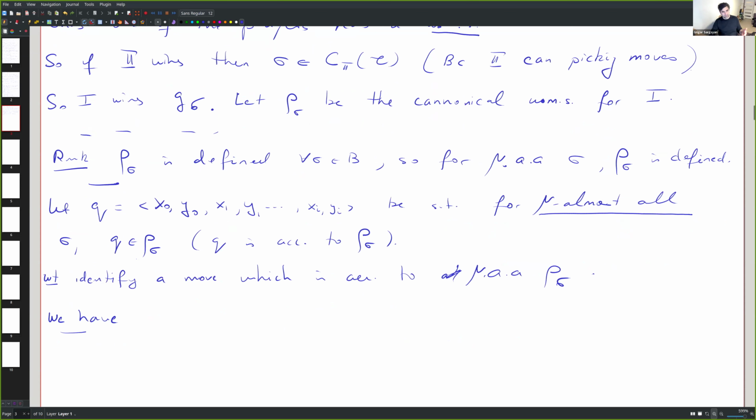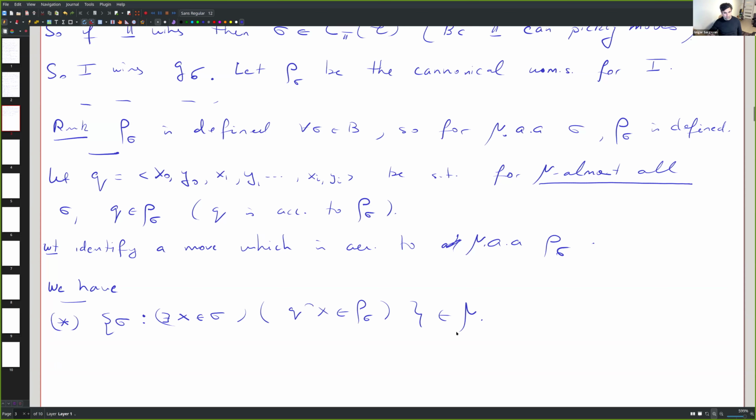That means for mu almost all sigma, I have a response, right? So we have, let's call it star, the set of sigma such that there exists X in sigma such that Q followed by X is in rho sigma is measure one, right?